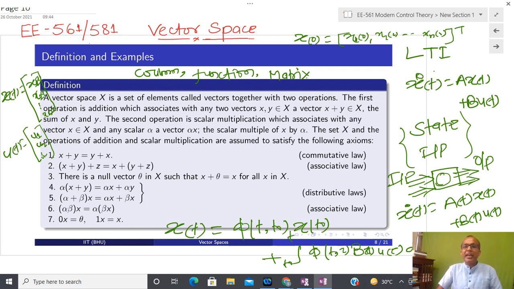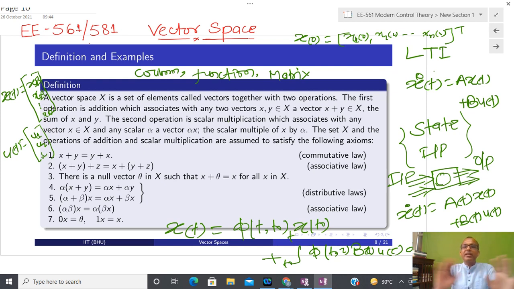Most of the time, whenever I am dealing with linear time varying and linear time invariant systems, my space is a space of column vectors, spaces of functions, and spaces of matrices. If you talk about a specific class of function, like polynomial functions, that still falls inside functions only.